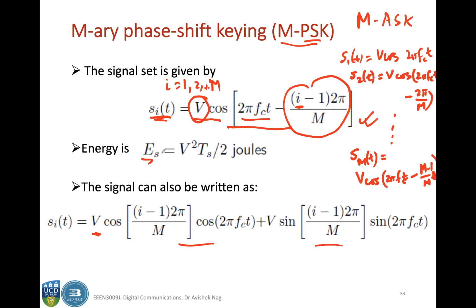The energy of any signal, the ith signal, is V squared Ts by 2, where V is the amplitude and Ts is the symbol duration. So you can write V as the square root of 2 Es over Ts.